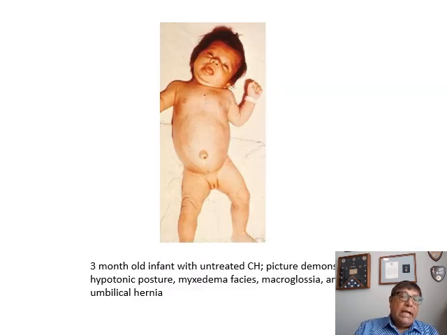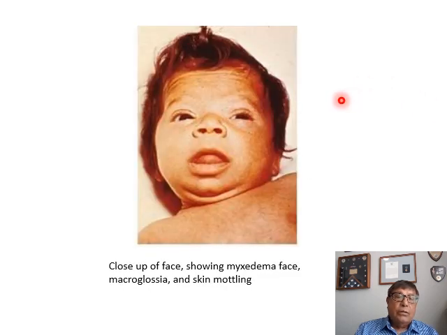We don't see this kind of picture anymore, so this one was taken from an old textbook. This is a typical picture of an untreated baby with congenital hypothyroidism. You see umbilical hernia, and there is some jaundice. In the next one you can see the tongue is a little thick and protruded, macroglossia, and there is myxedema.